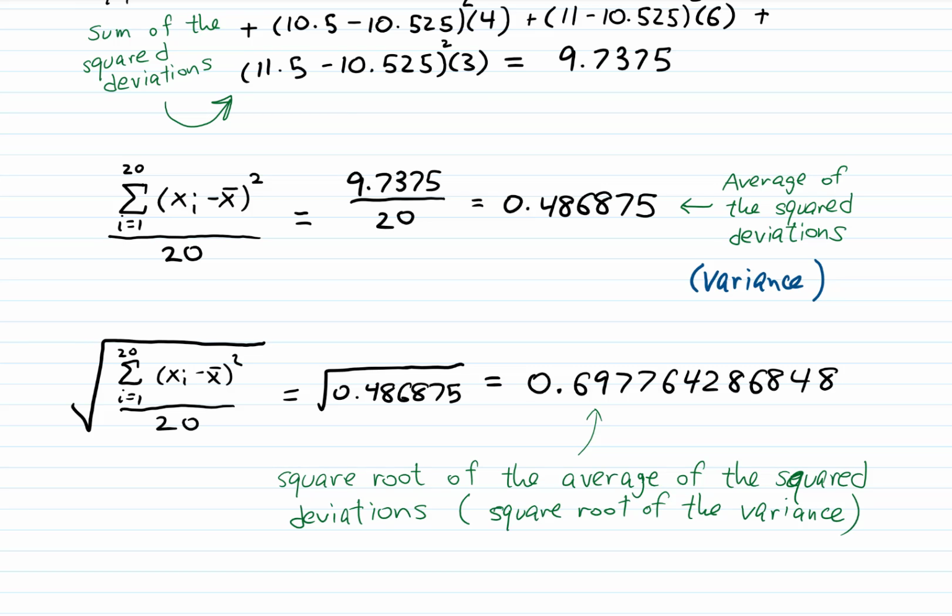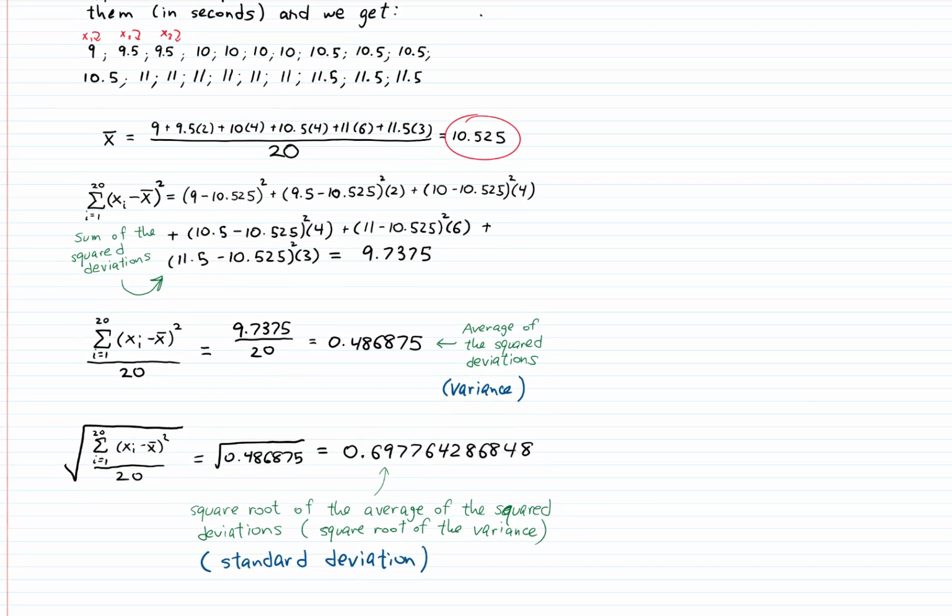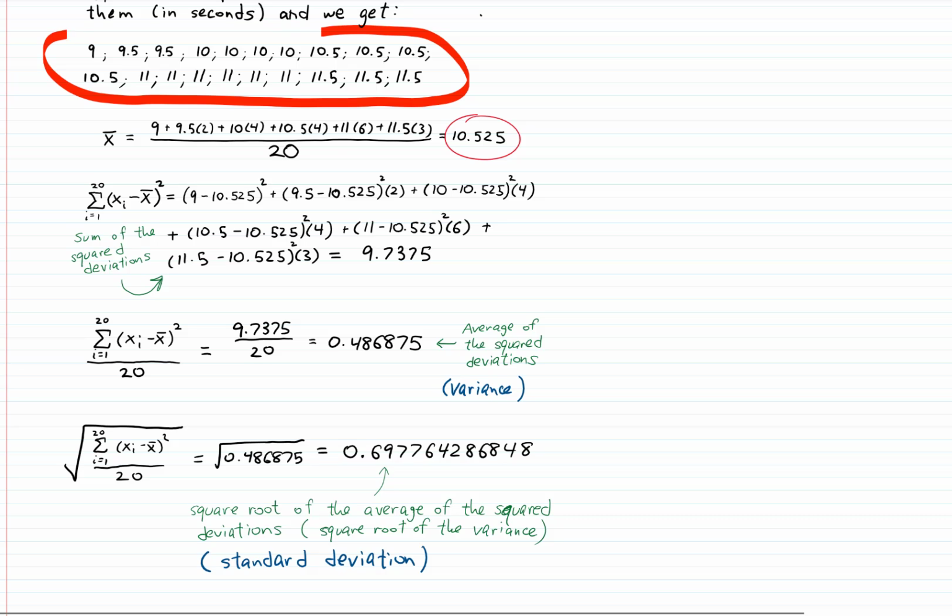Which is also called the standard deviation. Okay? So I'm going to shrink this down so we can see back here. We measured those 20 times up there at the top. We measured these 20 times. And we got a standard deviation of, let's just round that off when I'm talking. I'll leave it written the way it is, but when I'm speaking, I'll just round that off and say the standard deviation is about 0.7.